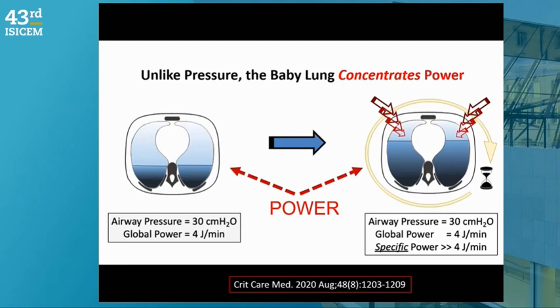If you want to make a simple comparison here, if I put an airway pressure of 30 centimeters of water into this large lung, I have a global power of 4 joules per minute. I do the same thing for this baby lung. I have an airway pressure of 30 centimeters of water and a global power of 4 joules per minute. But the specific power that's going into that baby lung is much, much greater.